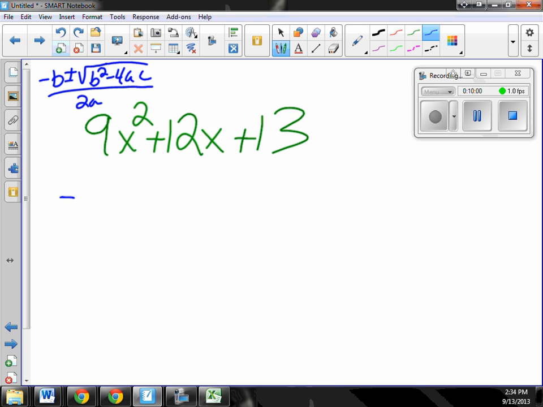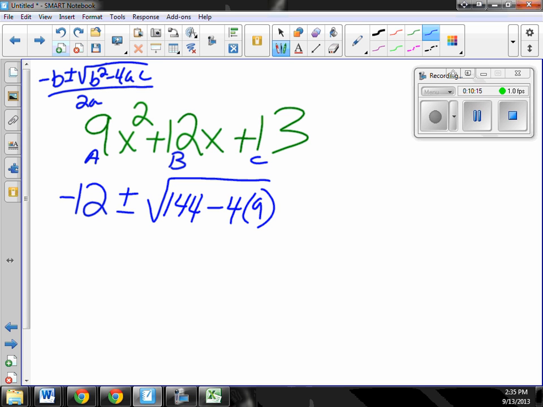So negative 12 plus or minus the square root of b squared. This is a, b, and c. So b squared is 144 minus 4 times 9 times 13 over 2 times a, which is 9.